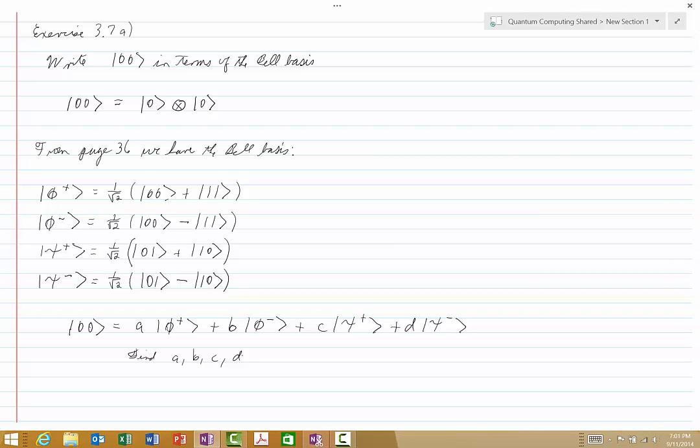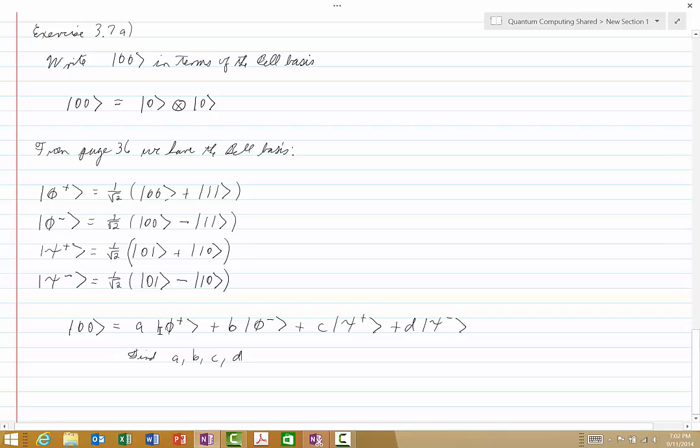Now, when we had a single qubit system, we were always talking about an orthonormal basis, and with an orthonormal basis it was very easy to find the coefficients in a case like this. For instance, if we wanted to find A, we would pre-multiply both sides of this equation by the bra corresponding to phi plus, and then by orthonormality all the other terms would drop out.